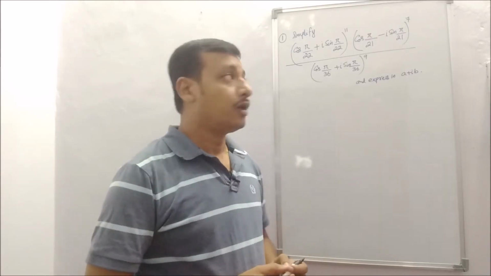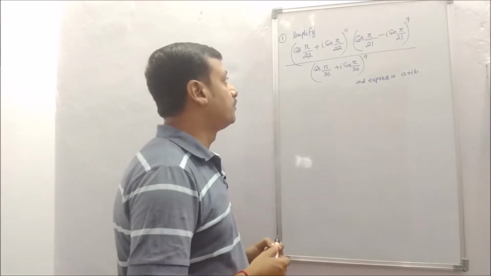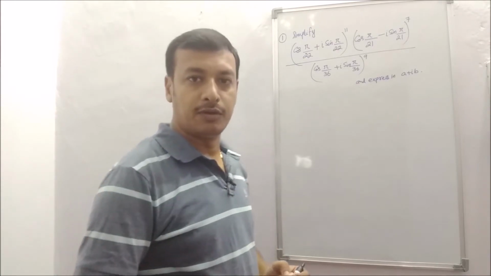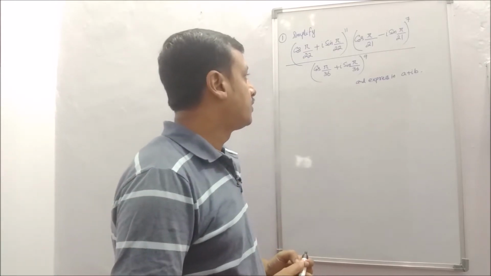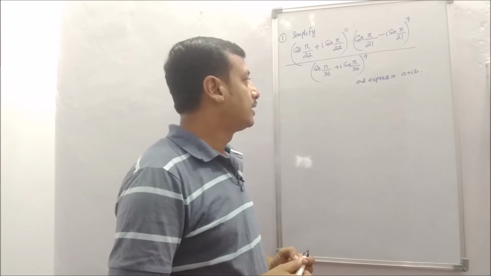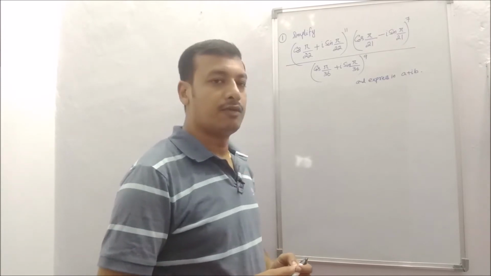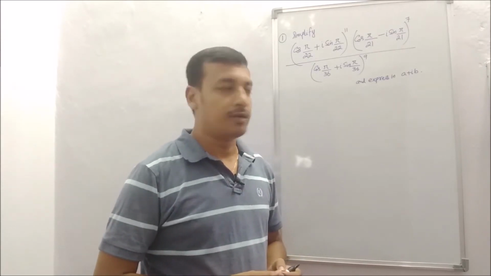In this video, we are going to solve some problems of De Moivre's theorem. We have already seen that there are many ways we can solve De Moivre's theorem problems.